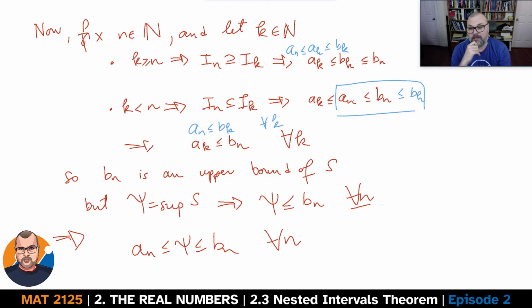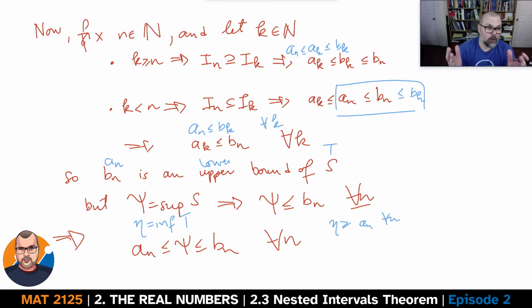So what this means is that An is a lower bound of the set T, but we know that the infimum of T is eta, and so consequently eta is greater than An for every n. Eta is the greatest of the lower bounds.